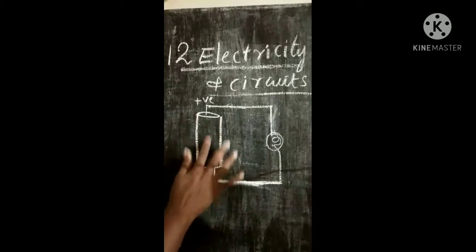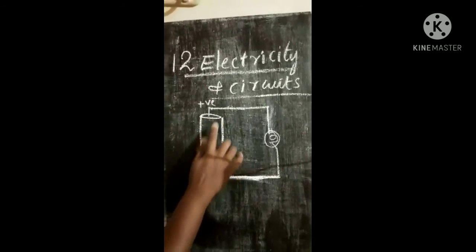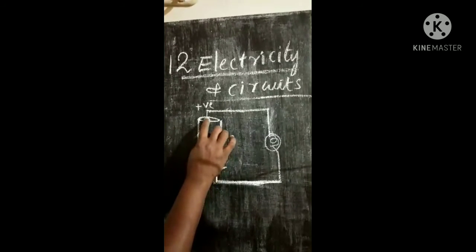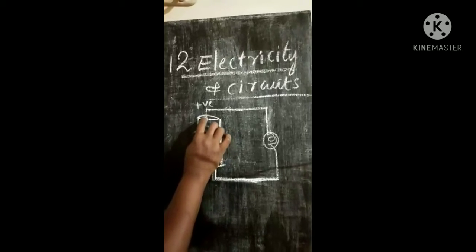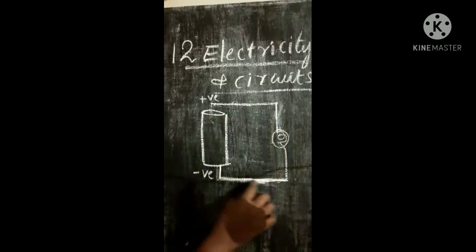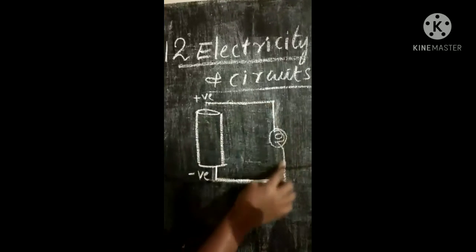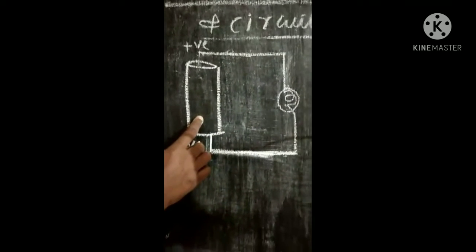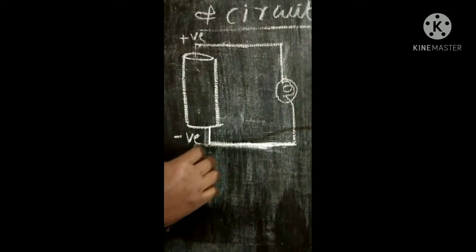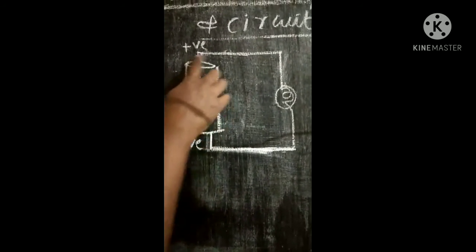Here we use a source of current. This is a cell, with chemical energy stored in it, and it starts changing chemical energy into electric energy. Then electrons start moving in the circuit. So this is the closed path for the electrons to move around, and we call this a circuit.